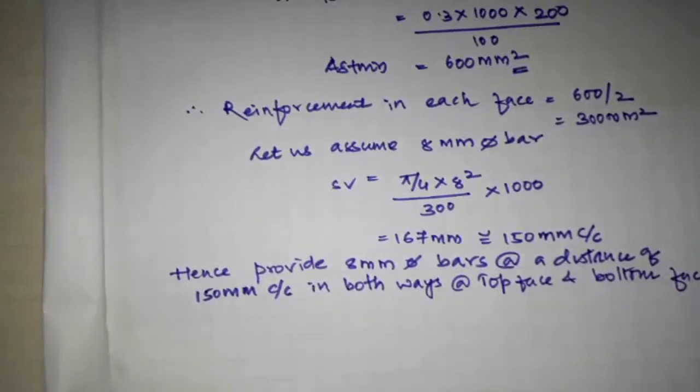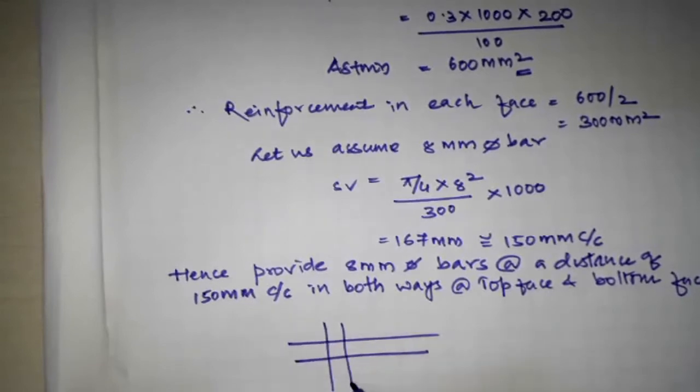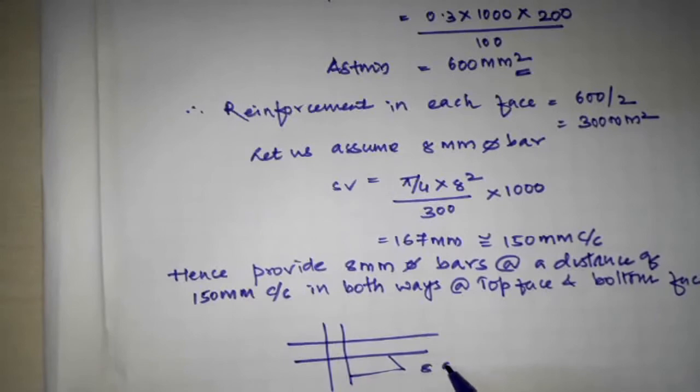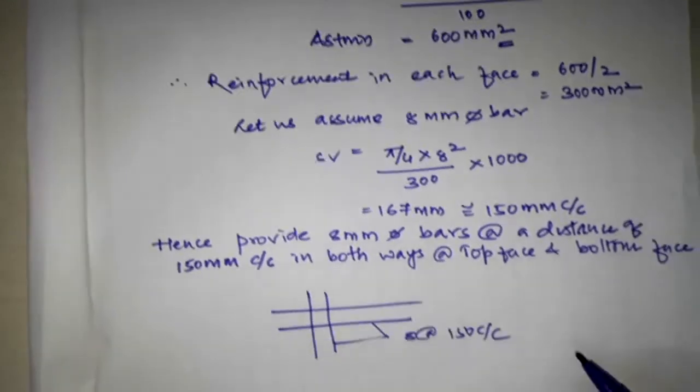So are you getting it? We have to provide bars in x direction as well as in y direction. Both the bars are 8 at 150 center to center. That is for both the faces.